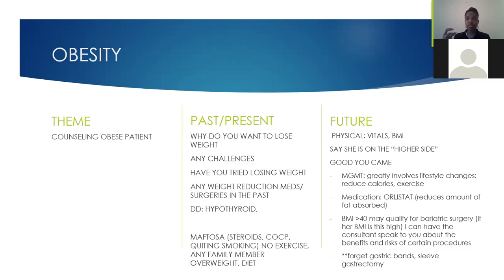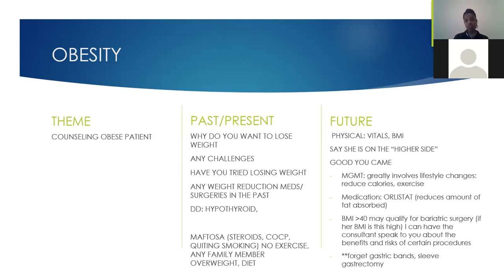And then a fantastic question to ask: what is the distribution of your weight gain? Is it around the waist area? Have you noticed it around the legs? Because sometimes with some kidney problems and heart issues you can have an accumulation of what we know as edema in the leg area. Is the weight distributed around the neck area, Cushing's?